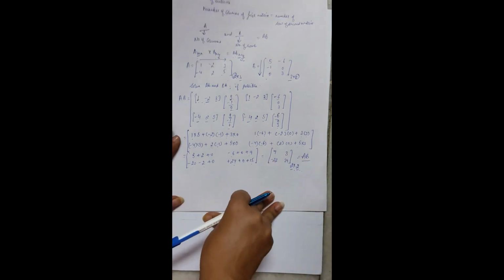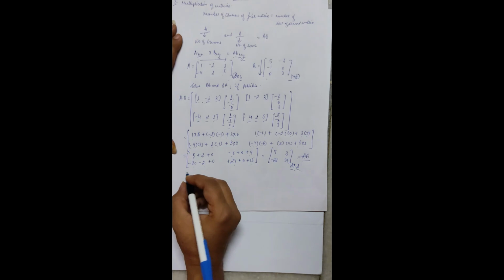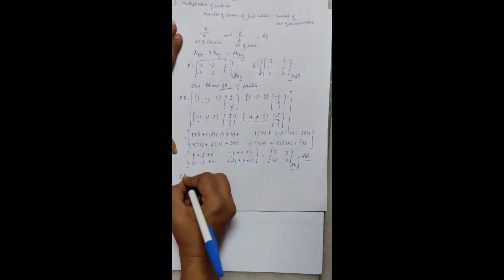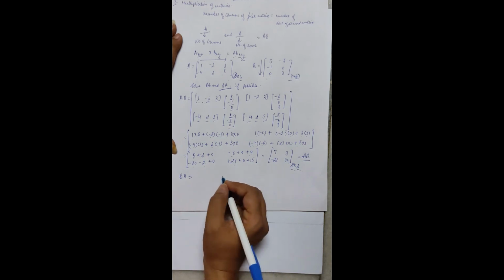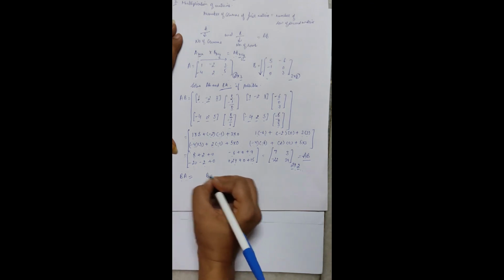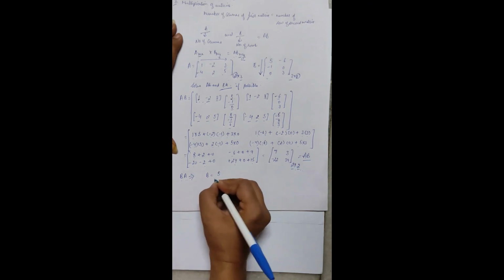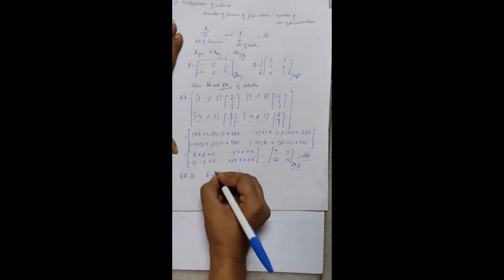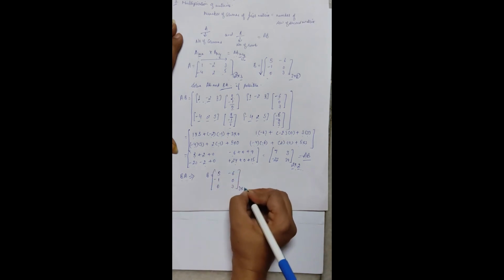Now if I have to find BA, which is given in the question, how do we calculate it? In the same way, first we write B and then A. B matrix is 5, minus 1, 0, minus 6, 0 and 3, of order 3 by 2.